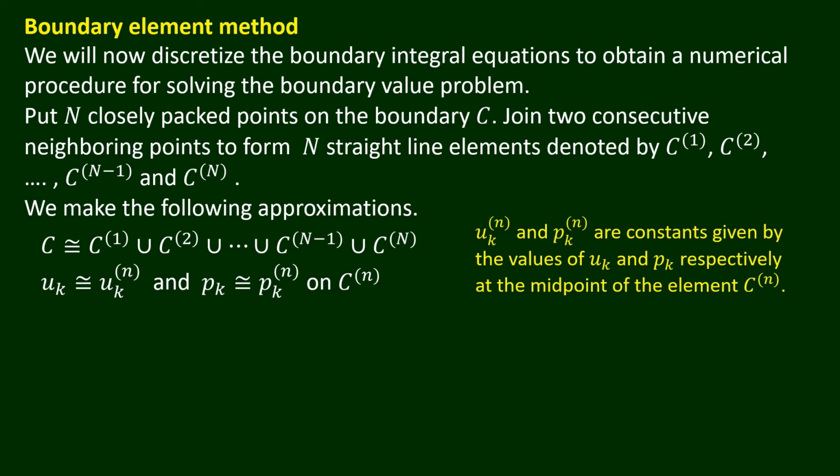u_k^n and p_k^n are constants given by the values of u_k and p_k, respectively, at the midpoint of the element C_n.